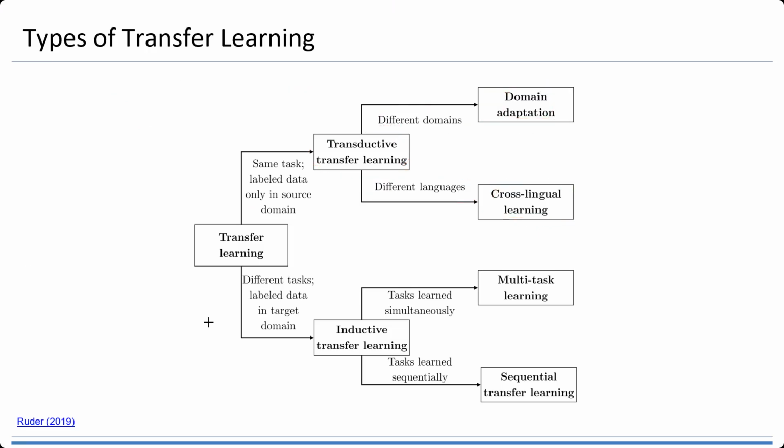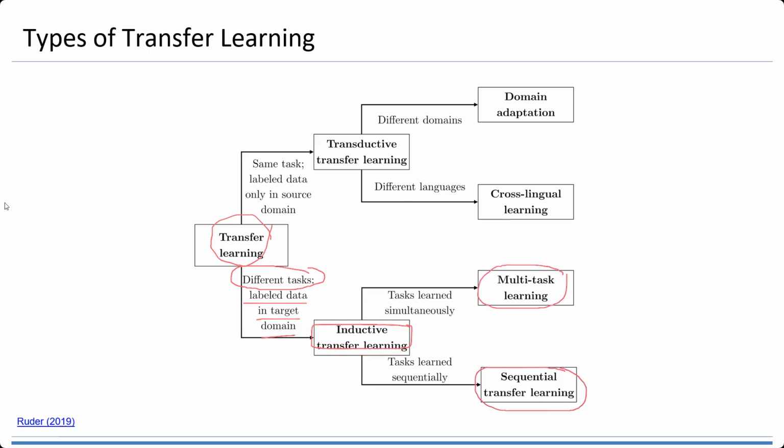The other kind of transfer learning, we have different tasks and labeled data in the target domain. So we can use inductive transfer learning. There is multitask learning, or we can also use sequential transfer learning.